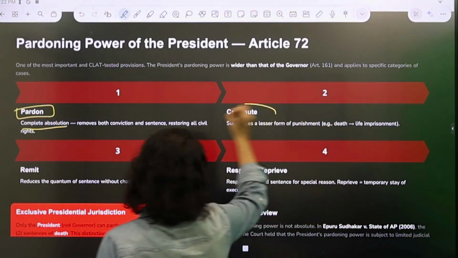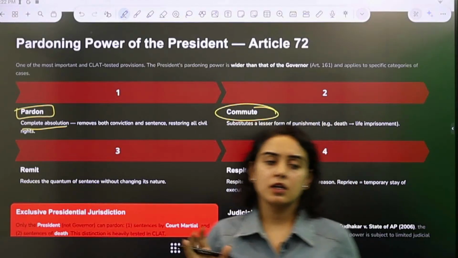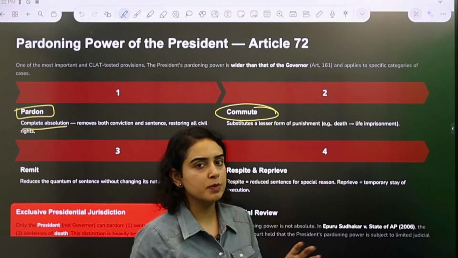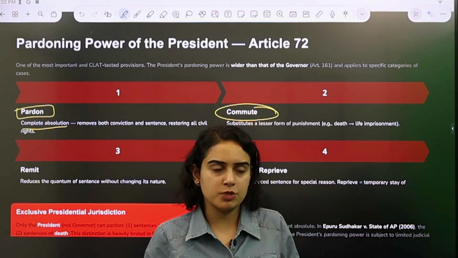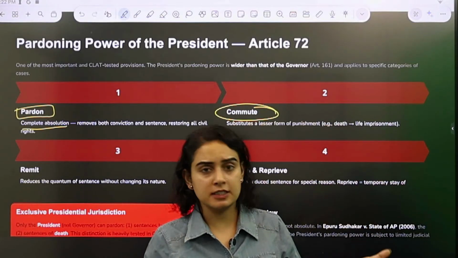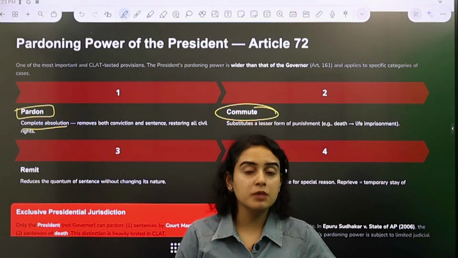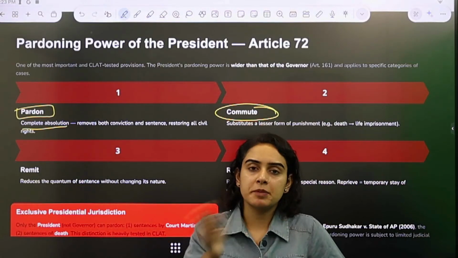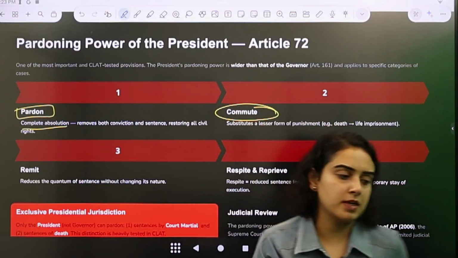Second is commute. Commute means when you substitute the punishment with some other, lesser form of punishment. For example, someone was punished with the death penalty. Now, using the power of commute, the president can convert the death penalty into life imprisonment. That's the power with the president.